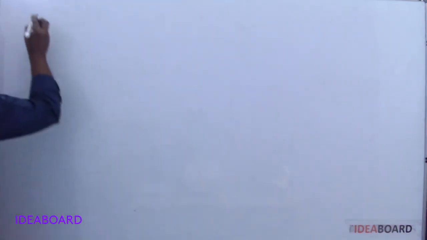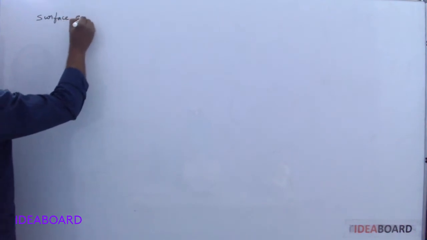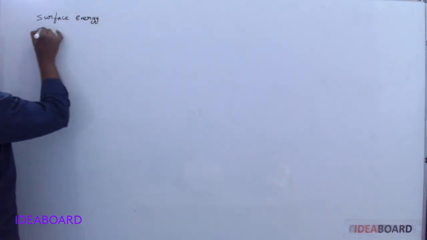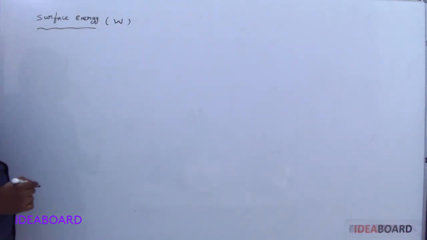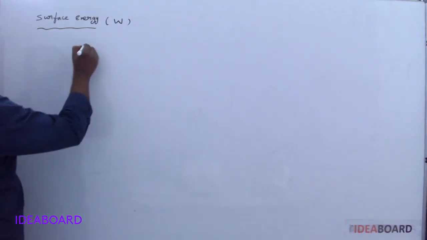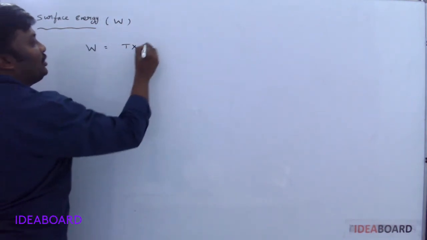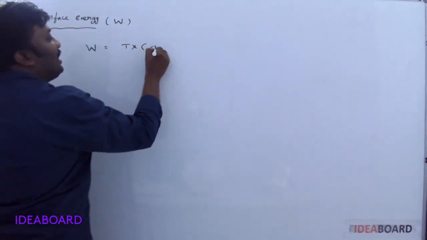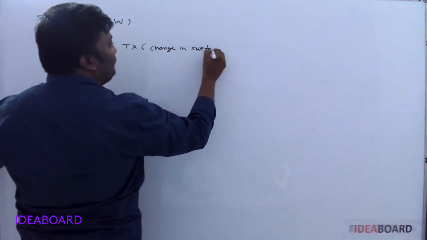Now we are using the word surface energy. Surface energy is nothing but the work done, because work is stored in the form of surface energy. So the surface energy formula is surface tension into change in surface area.